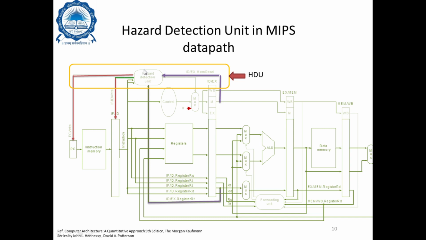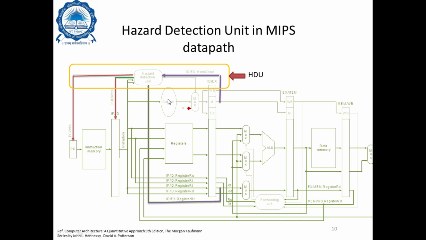The outputs of the HDU are signals that go into the PC, the program counter, given as PC write, and into the IF/ID write, which is the instruction fetch, instruction decode pipeline register, and another signal that tells the controller what needs to be done if it is a stalling process.